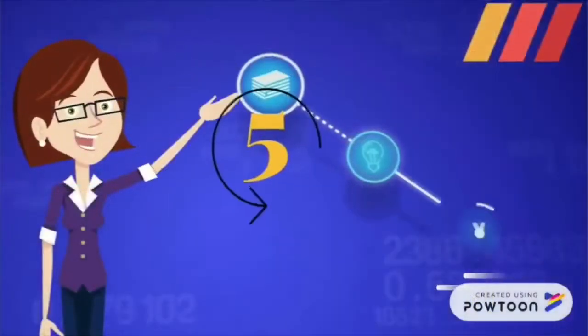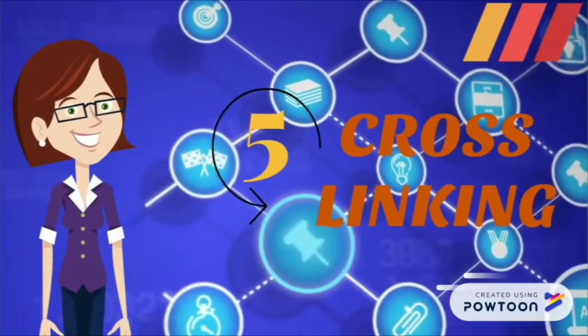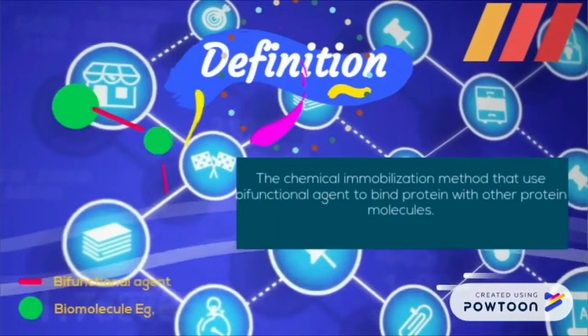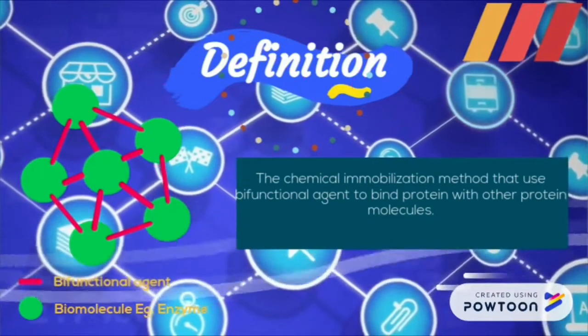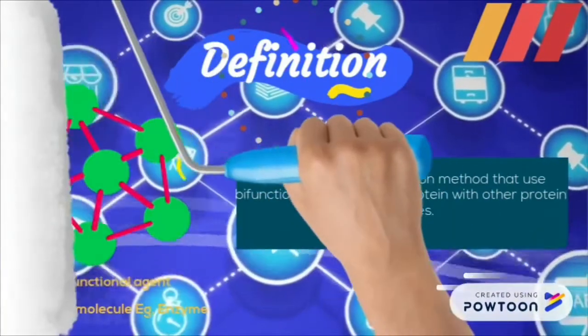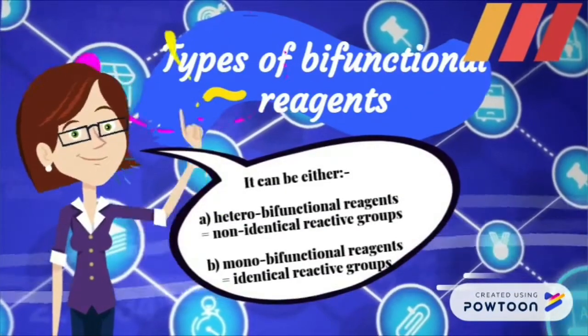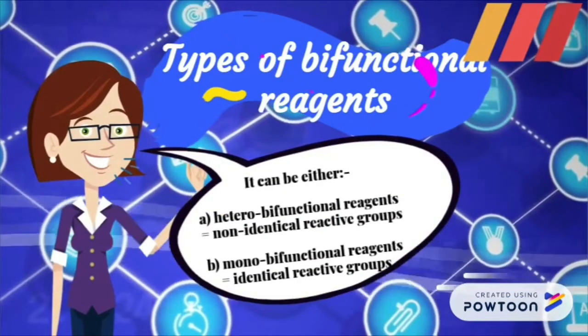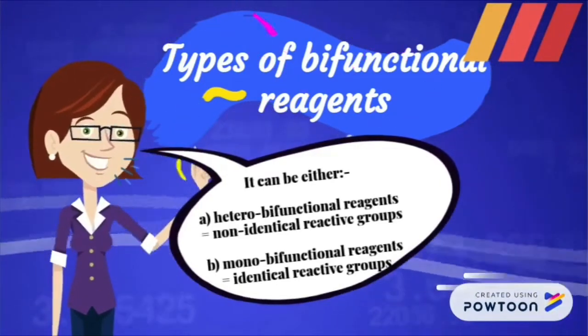Right now, let's have a look at the fifth immobilization method, which is cross-linking. Cross-linking is the chemical immobilization method that uses a functional agent to bind protein with other protein molecules. Bifunctional reagents can be either hetero-bifunctional reagents that have non-identical reactive groups or homo-bifunctional reagents that have identical reactive groups.